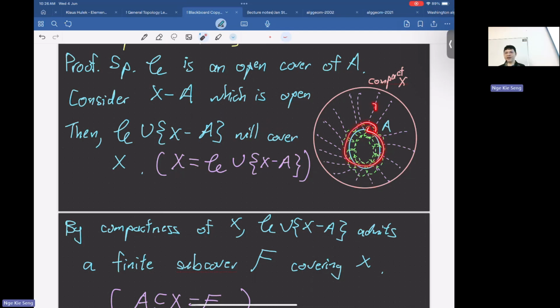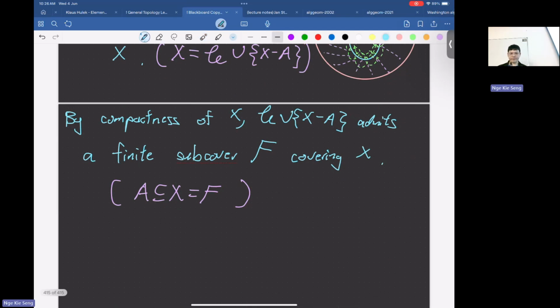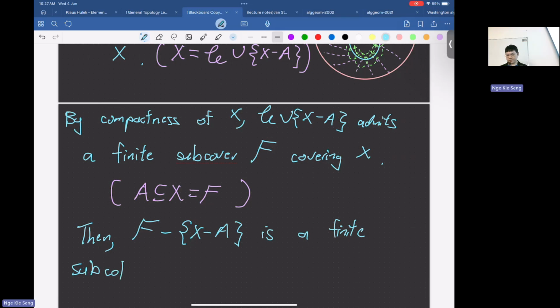Can the complement of A cover A? No, right? So the claim here is, you just take your F. If it has X minus A, throw it away. If not, then it is a finite subcollection of C which covers A. Okay, does it make sense?